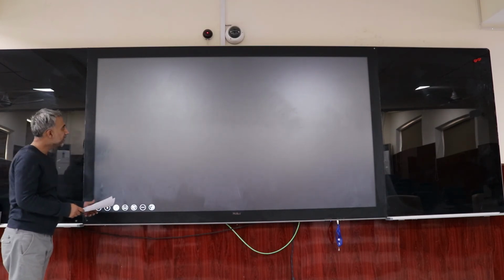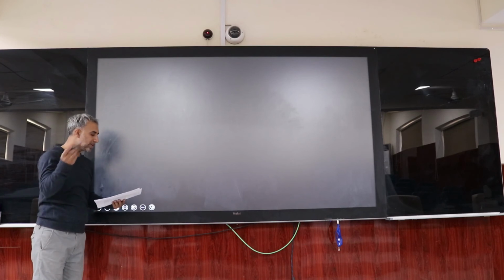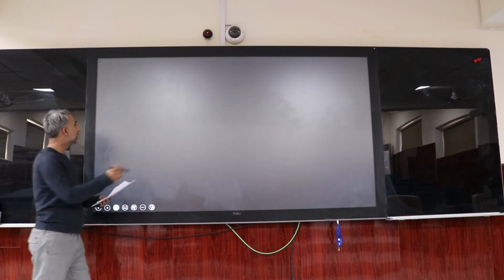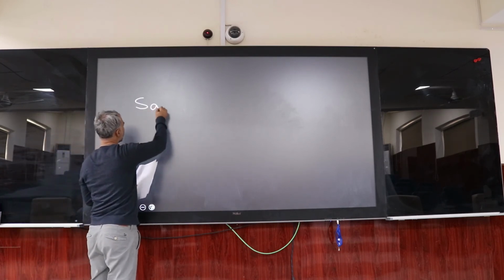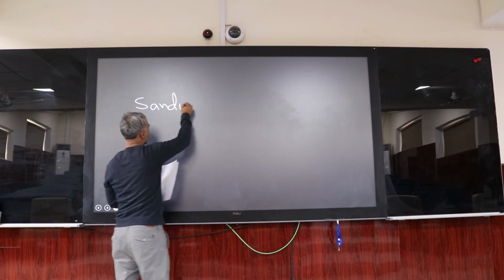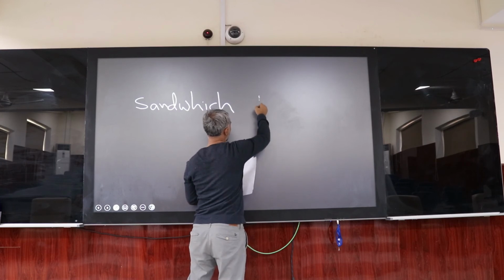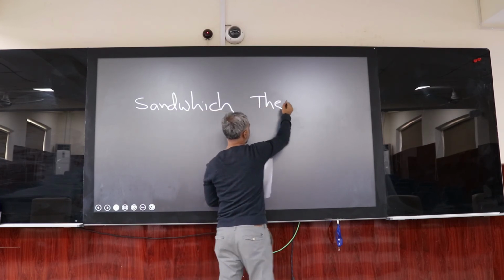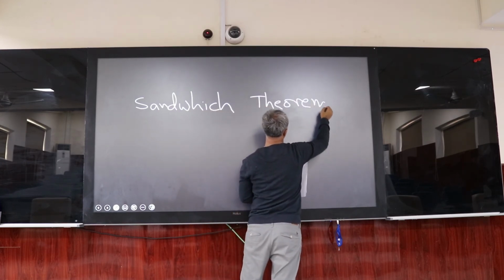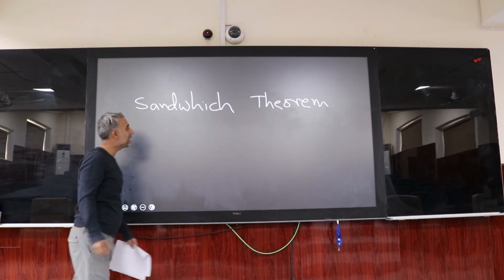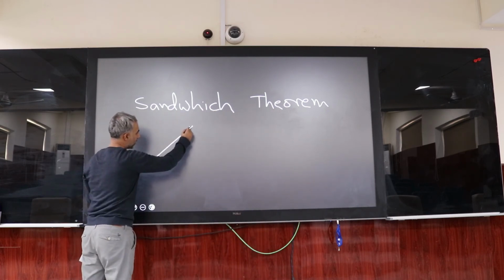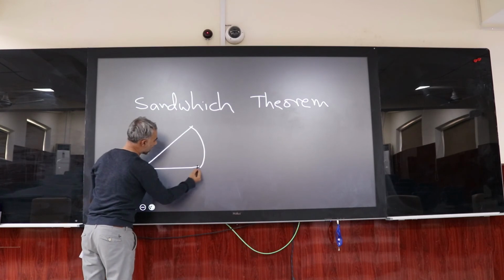If you teach somewhere or notice somewhere, there is the sandwich theorem in intermediate notebooks, where they are determining the area of a sector. This is some kind of a sector, for example, some part of the circle.